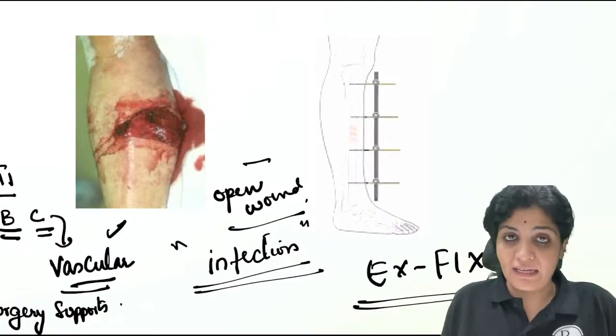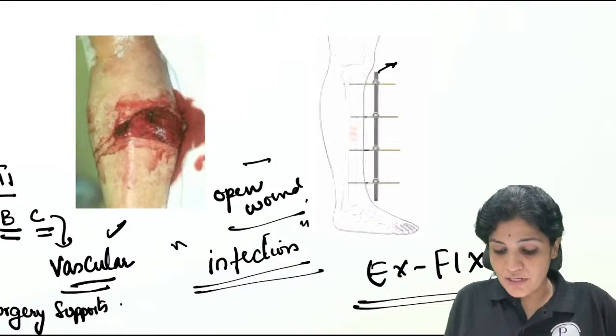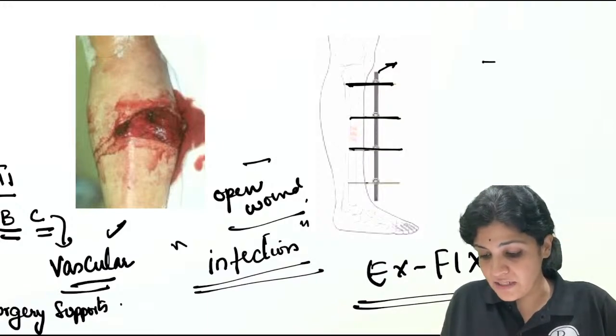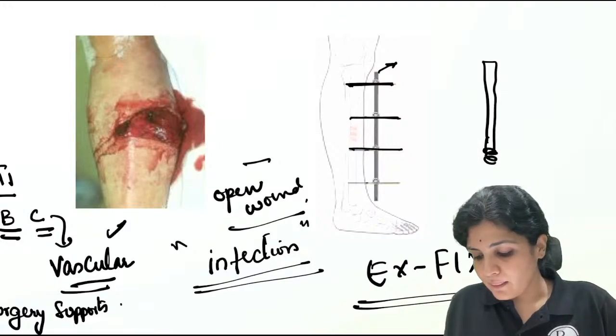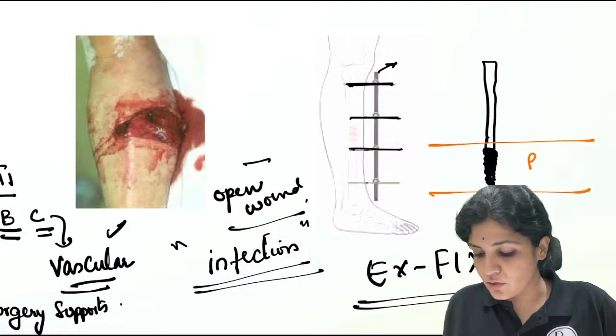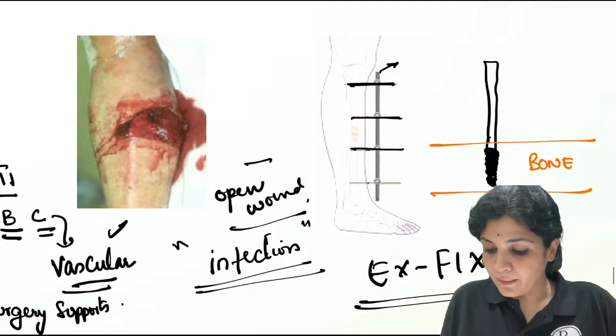So this wound, we are giving the time for the wound to heal. So this is a rod which is used and these are the pins. These are called the Schanz pins because they are in this variety. There is threads only at the end of the pin. So this end of the pin will go into the bone. So this is your bone, and now we are putting the pins like this.